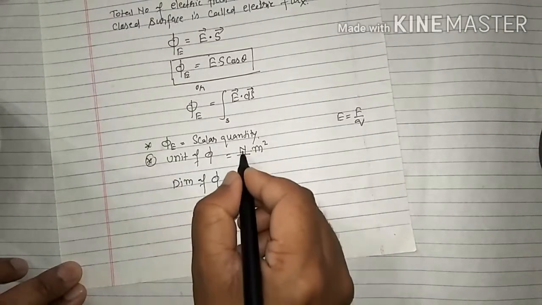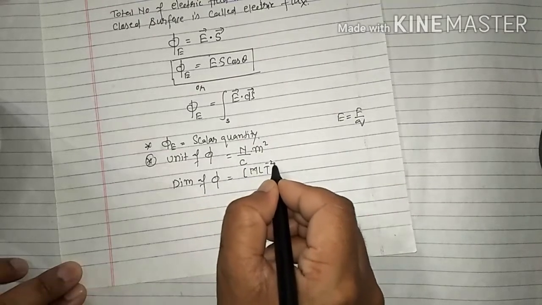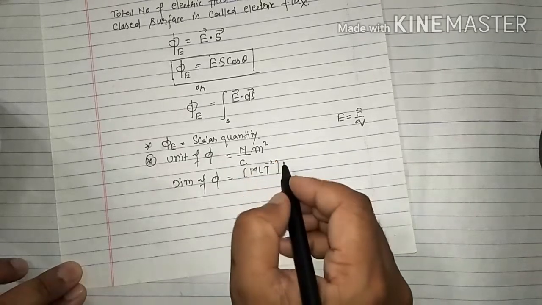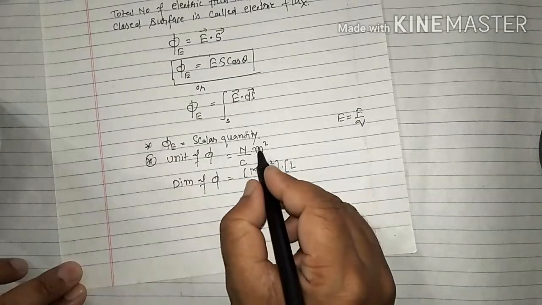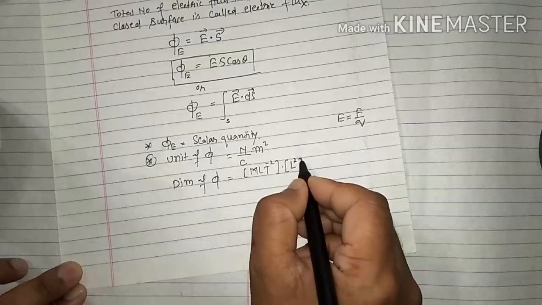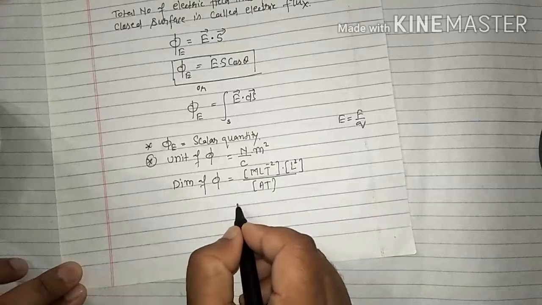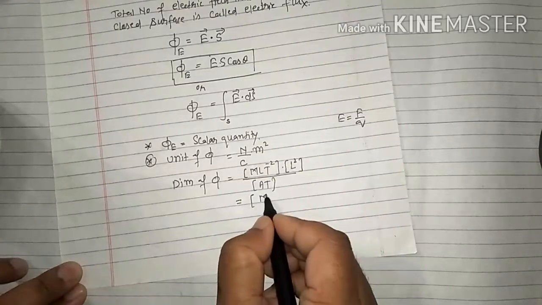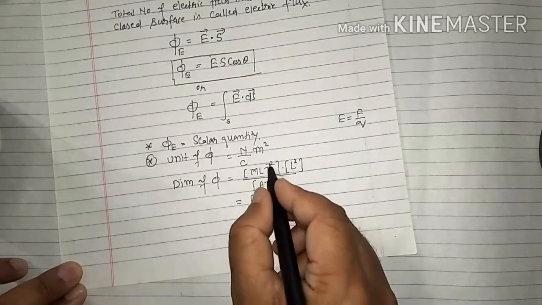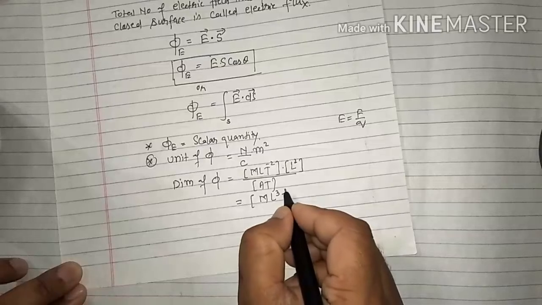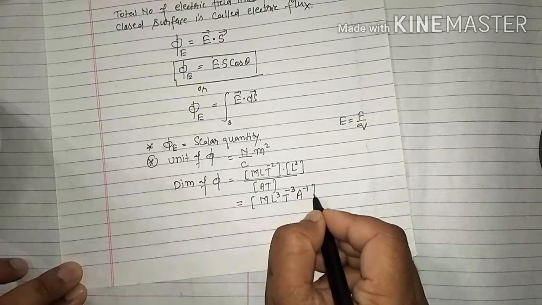And the dimension of phi: Newton force's dimension will be M L T minus 2, into meter square, which means the dimension of area is L square, upon charge A T. So M L square and L cube T minus 2, and this goes up, so it becomes T minus 3 and A minus 1.